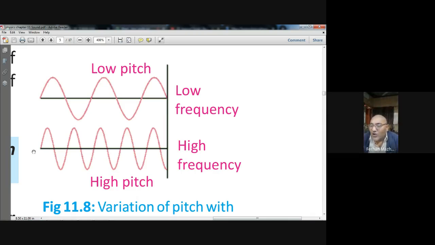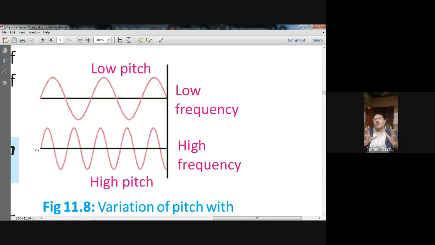The second sound wave has a smaller time period and a higher frequency, so this second sound wave will have higher pitch. It will be shrill. The upper one, which has low pitch, larger time period, and low frequency, will be grave.